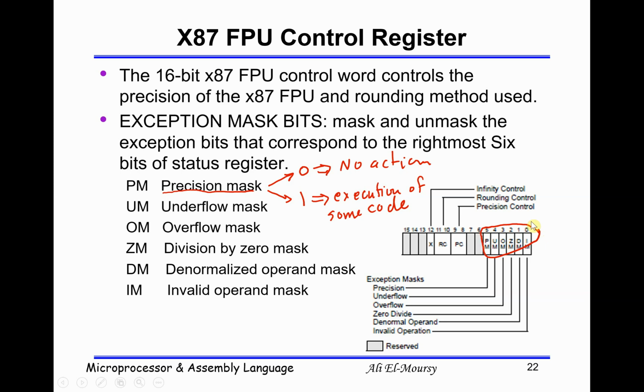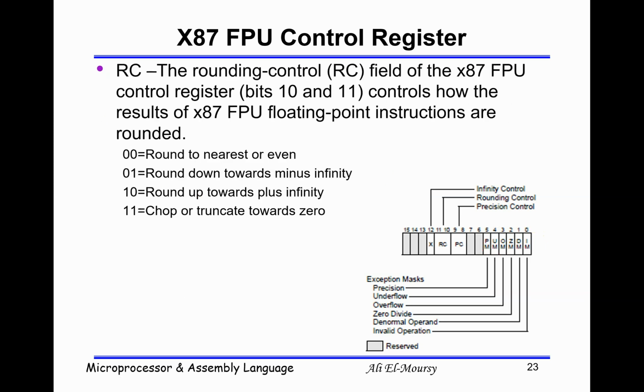The second field that we want to discuss is the RC, which stands for rounding control. Rounding control is controlled by 2 bits, and those 2 bits have 4 different values: 00, 10, 01, and 11.